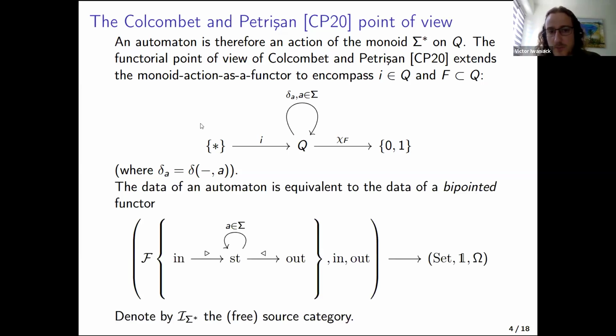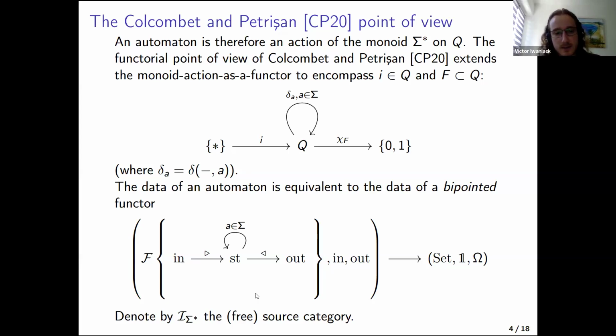We take the shape of the quiver, we generate a free category out of it, and then describing such a quiver is the same thing as taking a functor, and you just require the leftmost vertex, sorry, to be sent to a terminal object, a singleton, and the other to a subobject classifier, so a two element set.